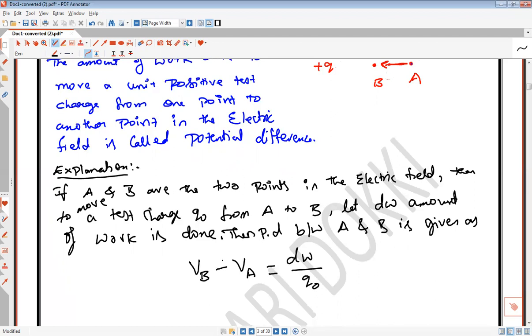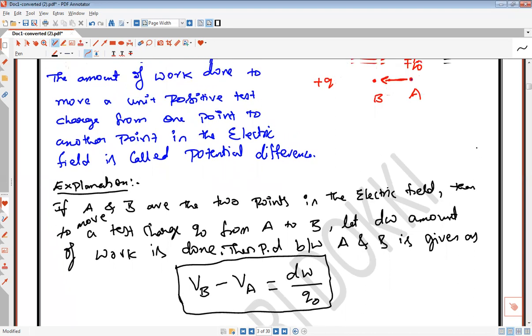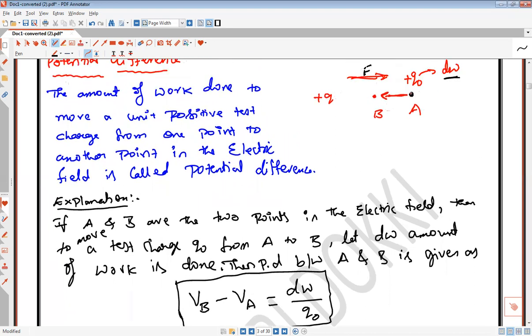This is the formula for potential difference between two points in the electric field. If you have moved the charge from point A to point B, then you have to define VB minus VA. Let us suppose VB is the potential at point B and VA is the potential at point A.